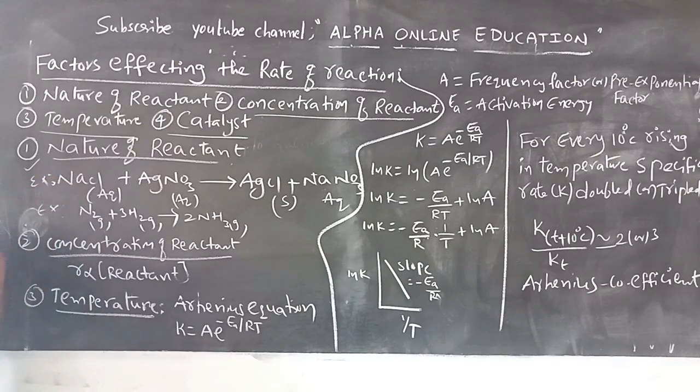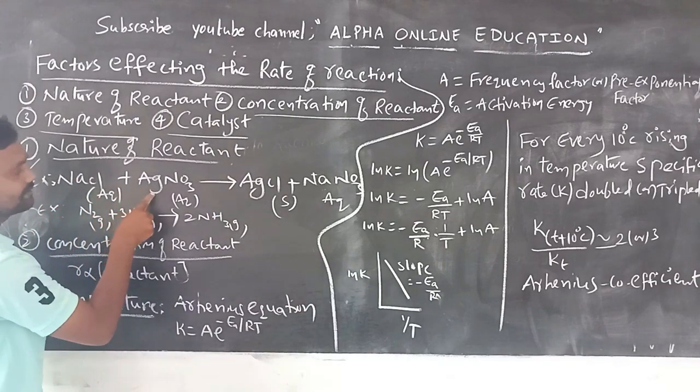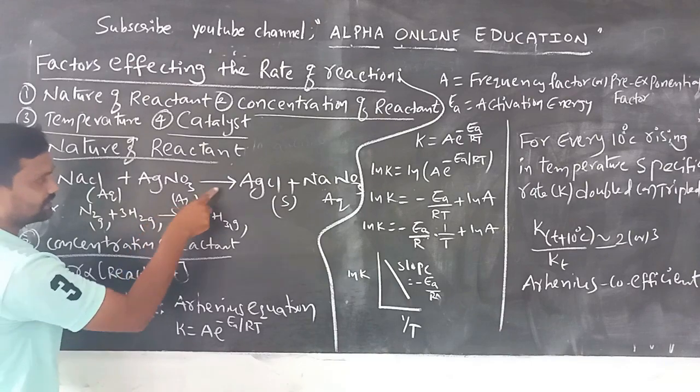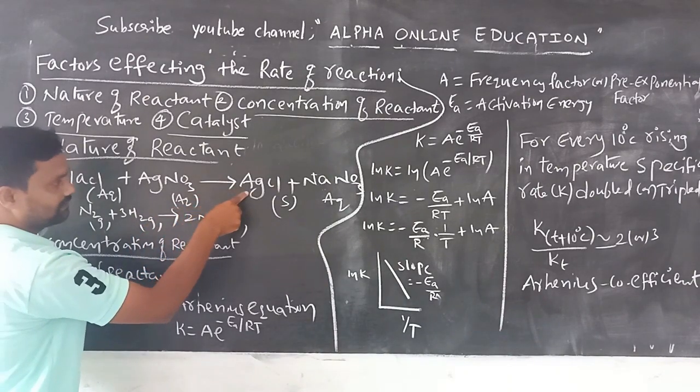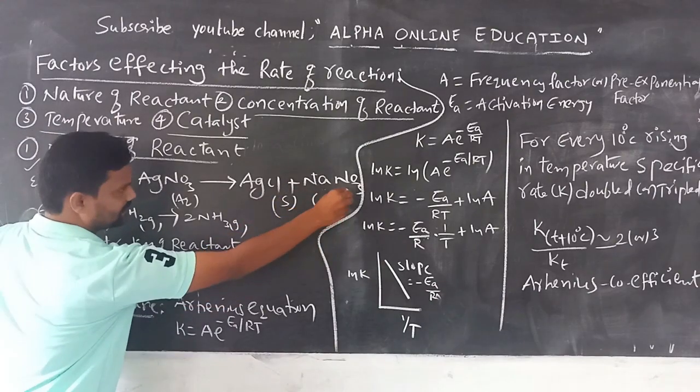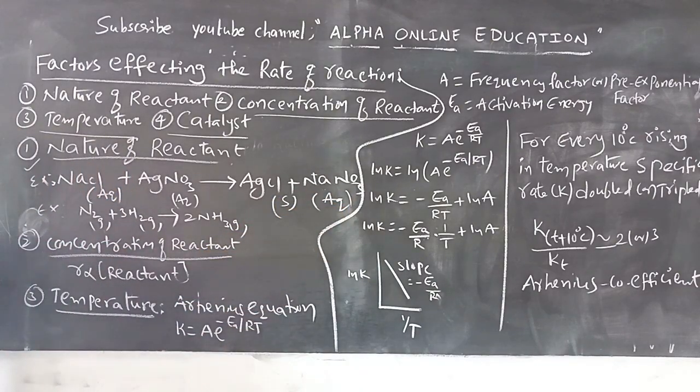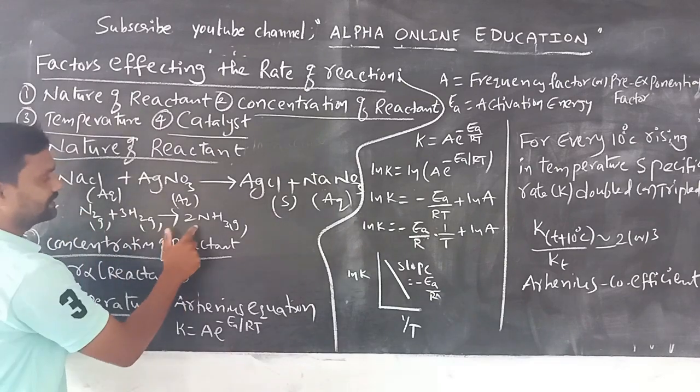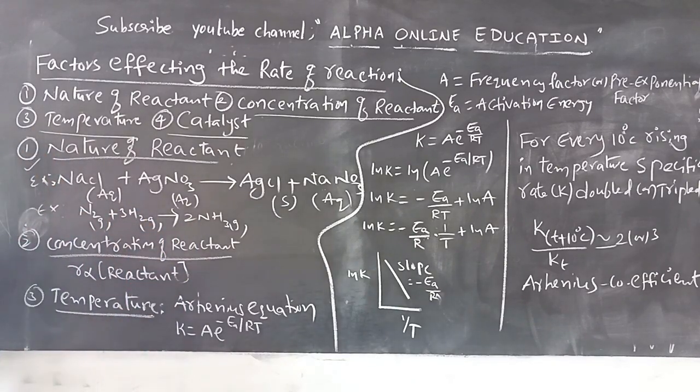In the first example, aqueous sodium chloride reacts with aqueous silver nitrate, giving solid silver chloride and aqueous sodium nitrate. In the other example, gaseous nitrogen reacts with gaseous hydrogen to give 2 moles of ammonia gas.